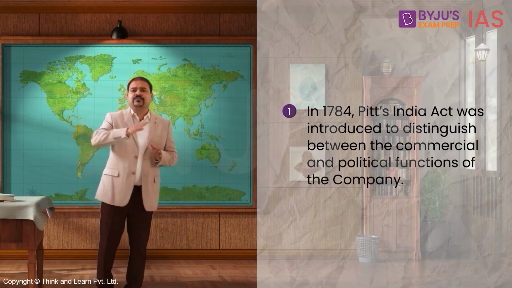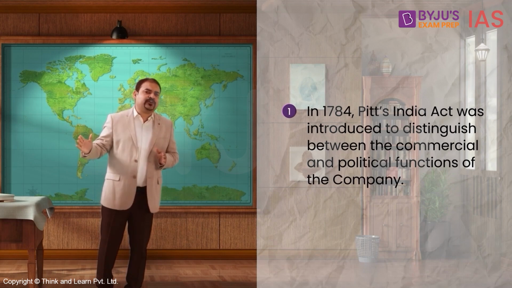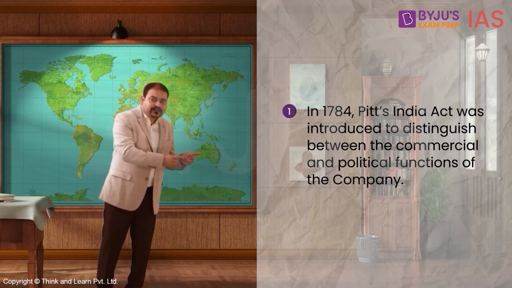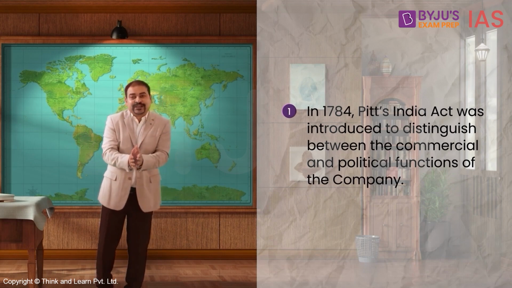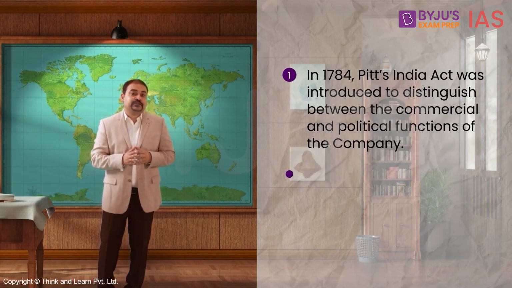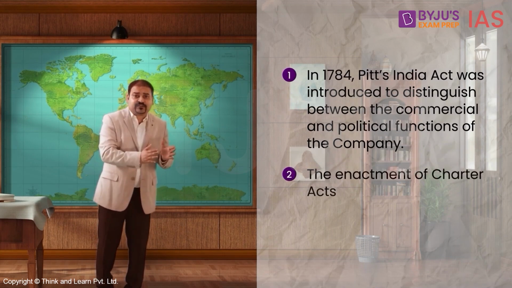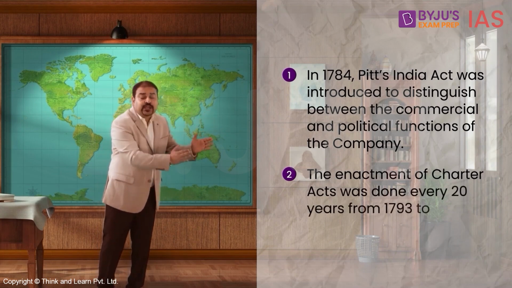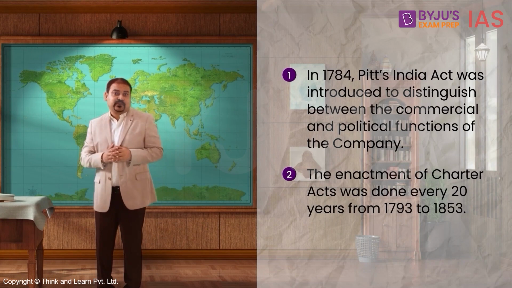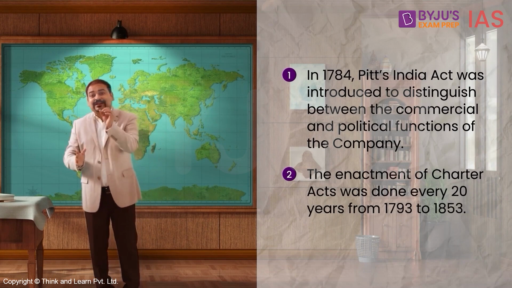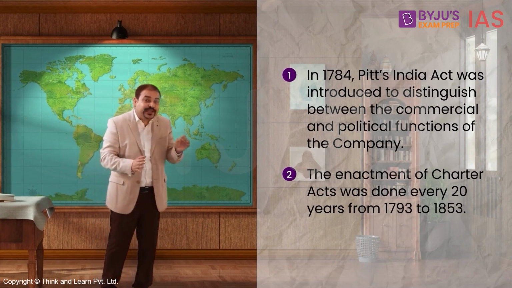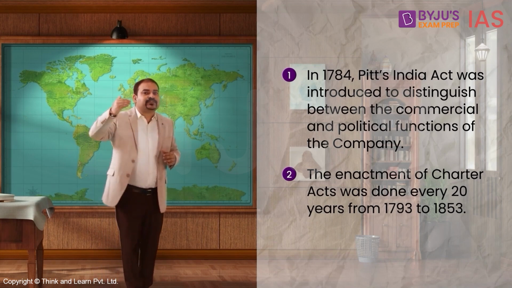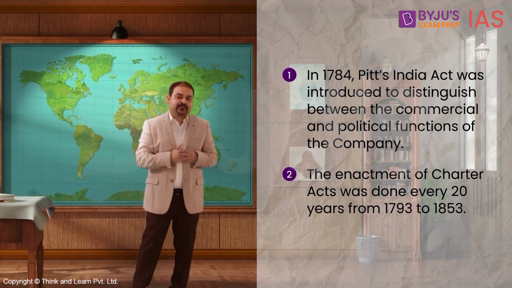This act gave the British government supreme control over the company's affairs and administration in India. The enactment of Charter Acts was done every 20 years from 1793 to 1853. This was another step that let the British East India Company extend its control over the British territories in India.